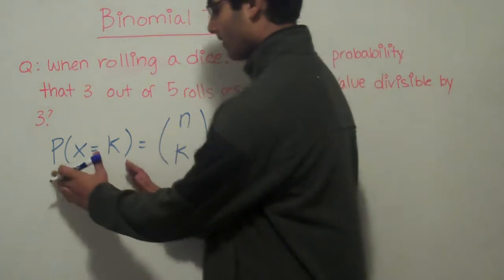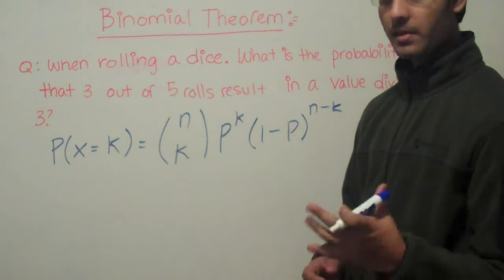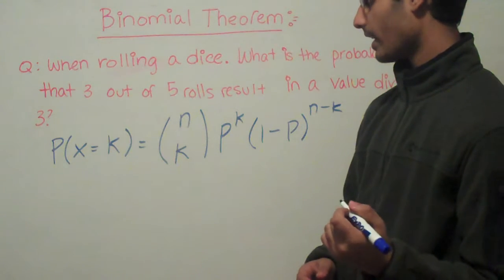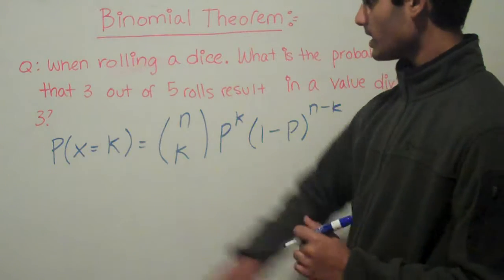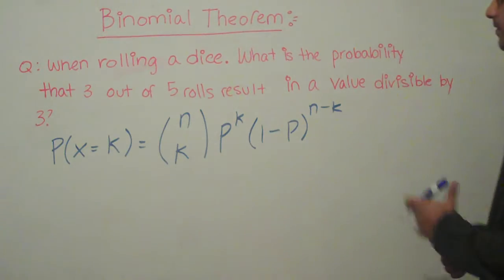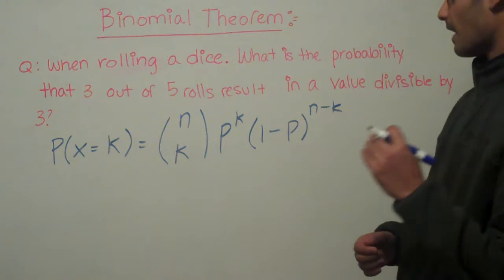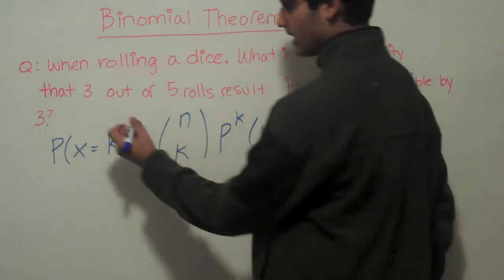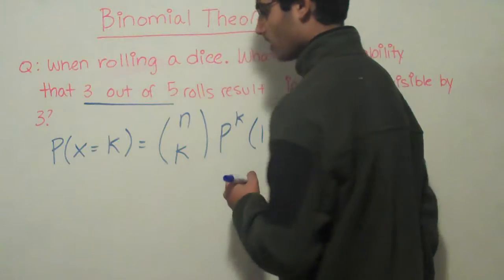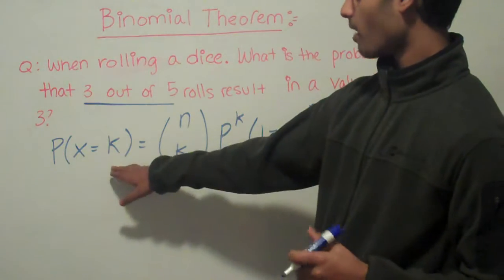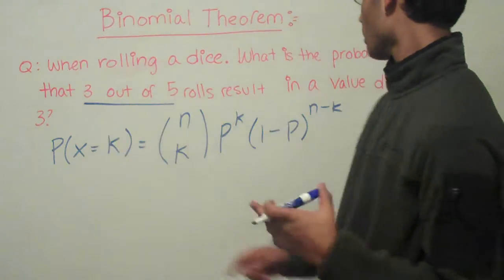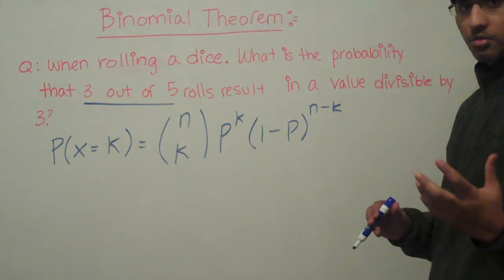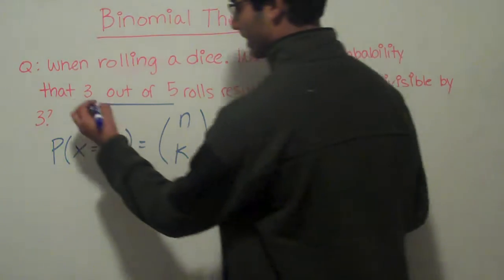So let's start here on the left-hand side. We're trying to find the probability that X is equal to k. So what does this say? Well, let's look at our example up here. We want to find the probability that 3 out of 5 rolls results in a value divisible by 3. So the key thing here is 3 out of 5 rolls. We want to find the probability that 3 of these rolls results in a value divisible by 3. So 3 is what k is.